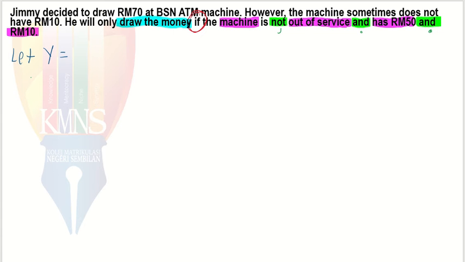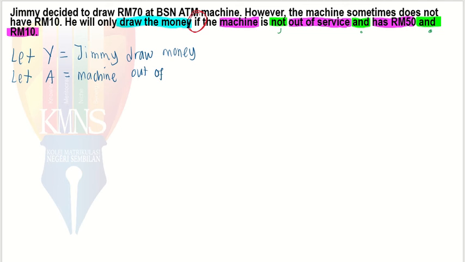Let Y be Jimmy draws the money, because we are talking about Jimmy wanting to draw the money. Next, let A be machine out of service, because we just copy and paste without copying the "not" or "and" keywords.